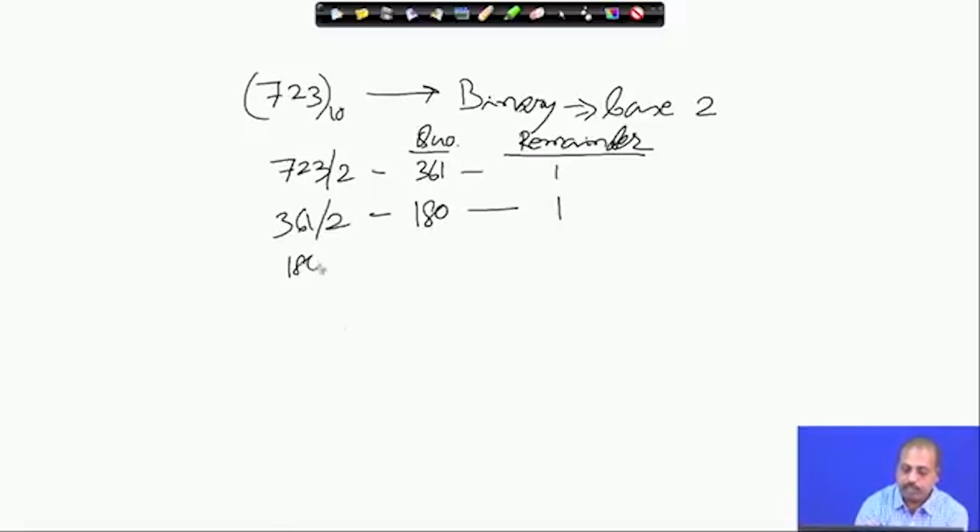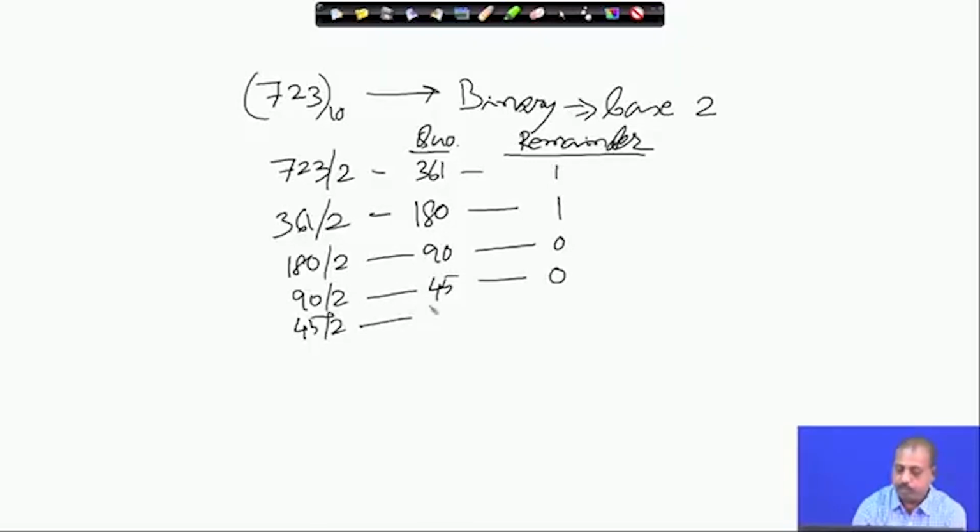Then 180 divided by 2 gives me 90 as the quotient and 0 as the remainder. 90 divided by 2 gives me 45 as the quotient and 0 as the remainder. 45 divided by 2 gives me 22 as the quotient, 1 as the remainder.